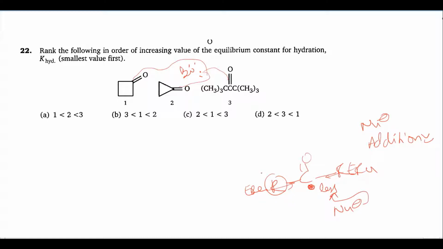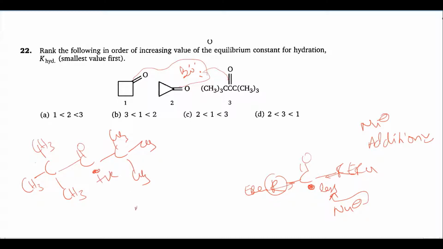Here, as you can see, the third one: CH3 C double bond O C CH3 CH3 CH3. Here the positive charge is greater, meaning nucleophilic addition is also faster. But here the positive charge is lesser.